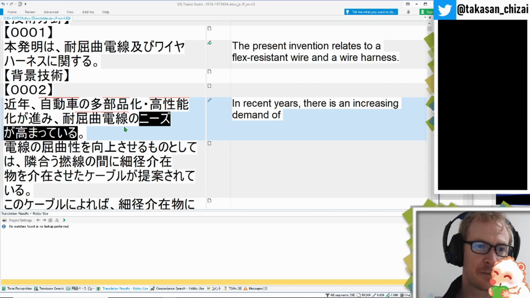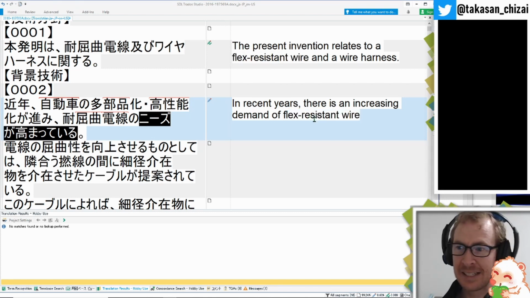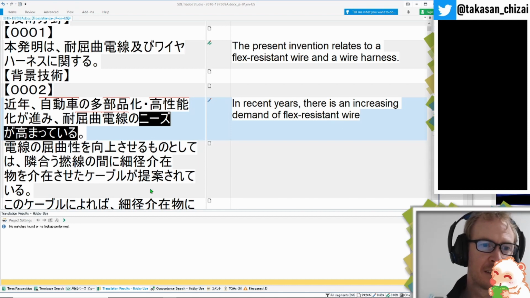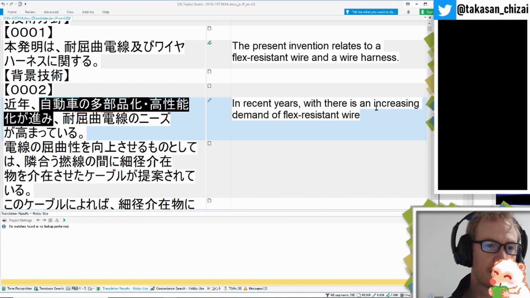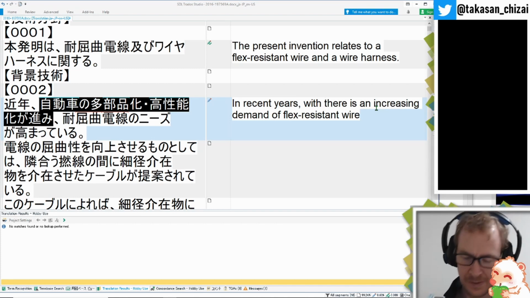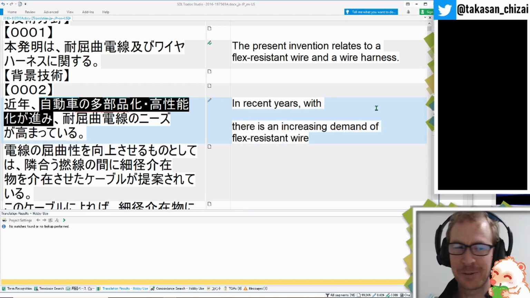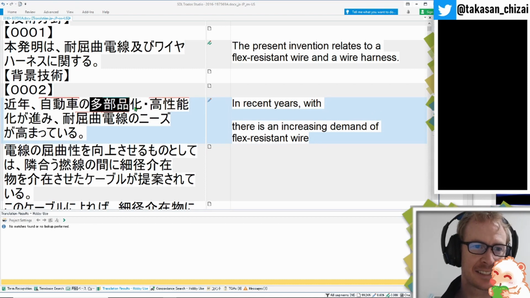For, now we have our word from up here, the flex resistant wire. Just copy paste that in. And now we have the reason why. Let's put this up here with, let's give us a bit of room because we have to translate this big conjunction of kanji.